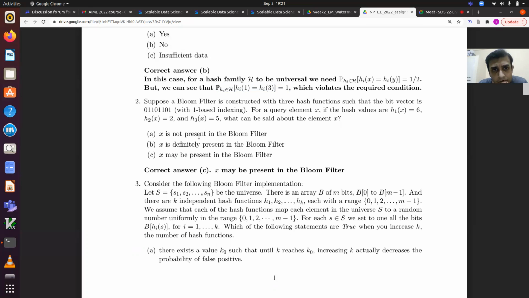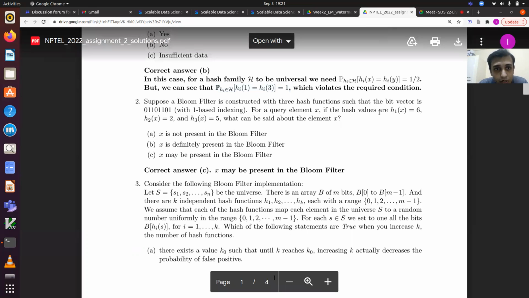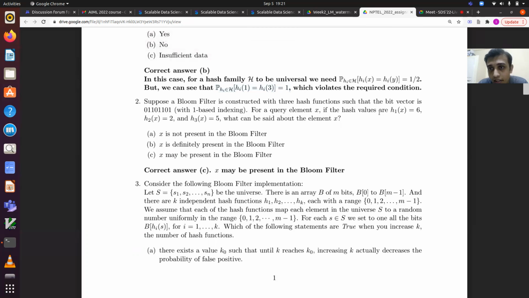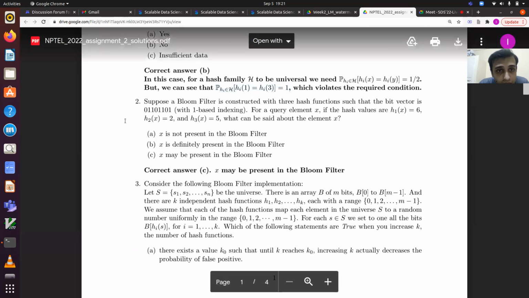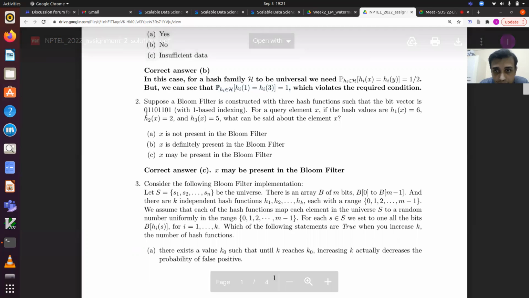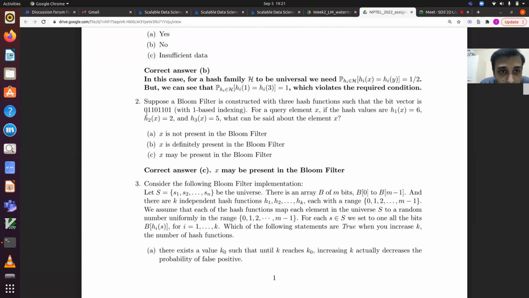Okay, sir. So why were you saying H1 is 1? H1 is 6, but you are saying it gets a value of 1. Explain the logic. Because, sir, I am putting this whole bit in an array, and then I am saying 0th position is 0, first position is first.